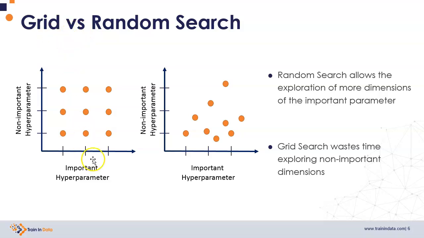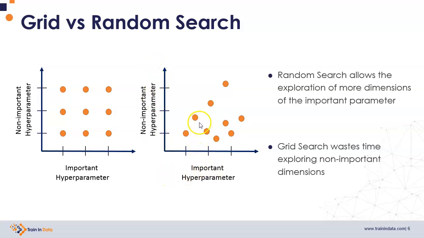Now, because the grid search searches pre-established combinations, at the end of the day we don't know if a value in this area or a value in this area would perform better than the value that we entered into the grid. Now with random search, the values to explore are selected at random. So it would establish random combinations of the important and the non-important hyperparameter.